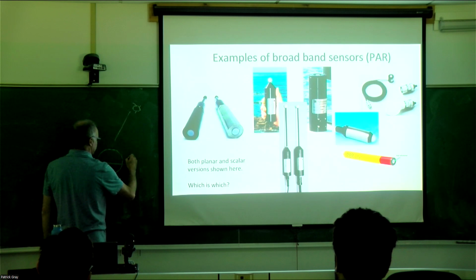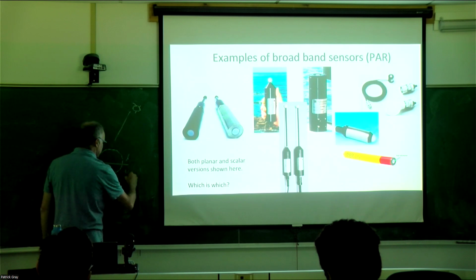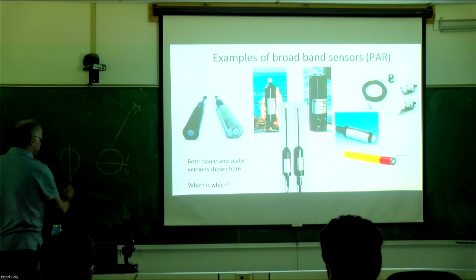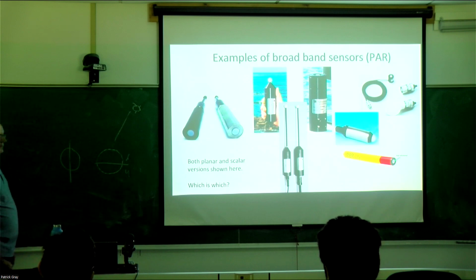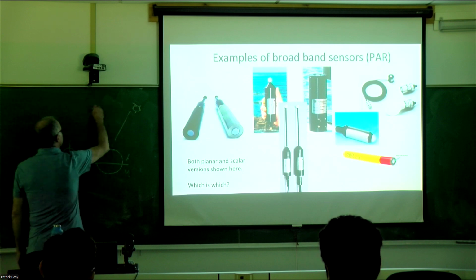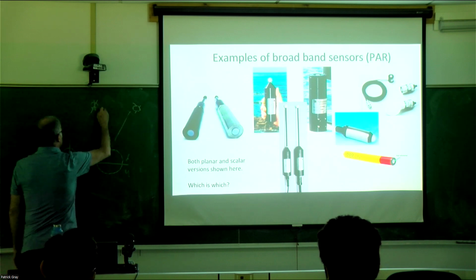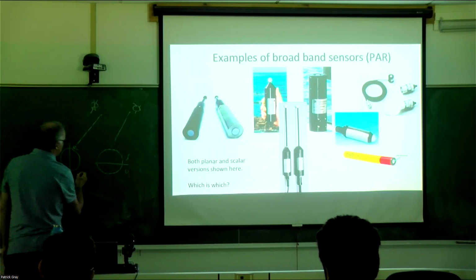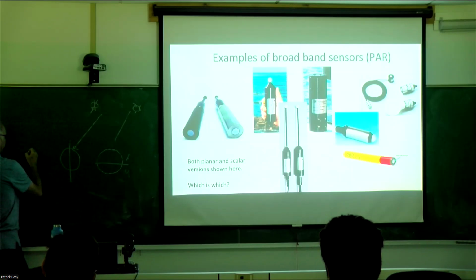And the radiance, this is the downwelling, this is the upwelling. What happens if you rotate it this way? Well, I think the sun's over here, and I'm looking this way. I'm always going to have a body somewhere, in the scalar or in the planar.